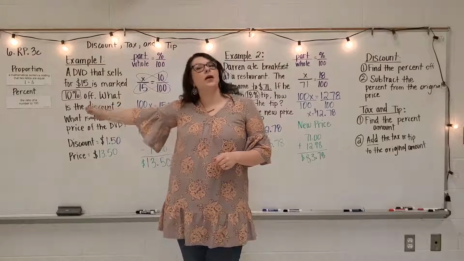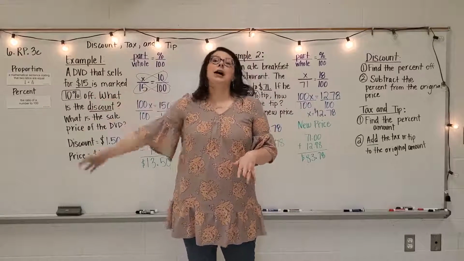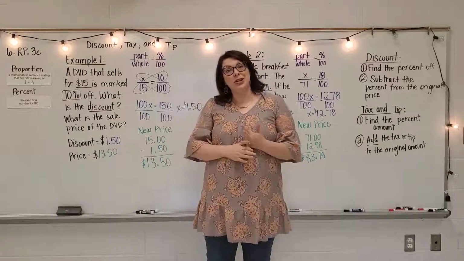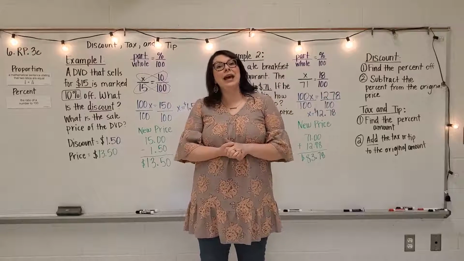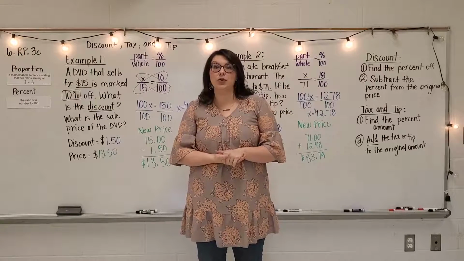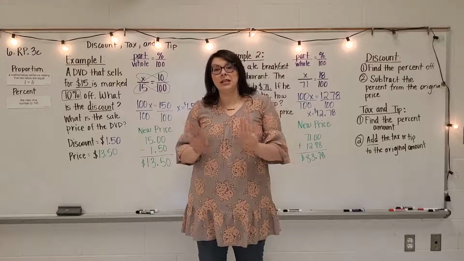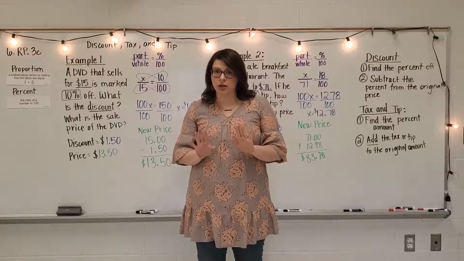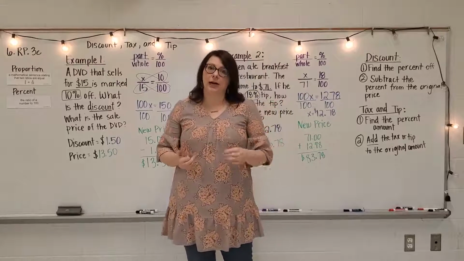So as a review of our vocabulary, it's important to remember that a ratio is a comparison of two quantities. And when we have ratios that are equivalent, those are called proportions. We can use a proportion when we set two ratios equivalent to each other, and we can cross multiply to solve for any unknown value.